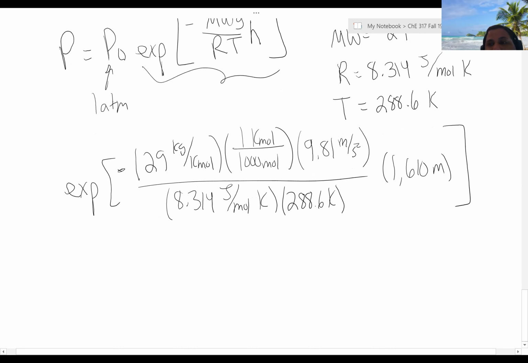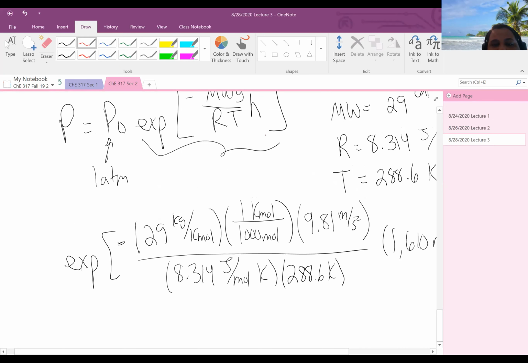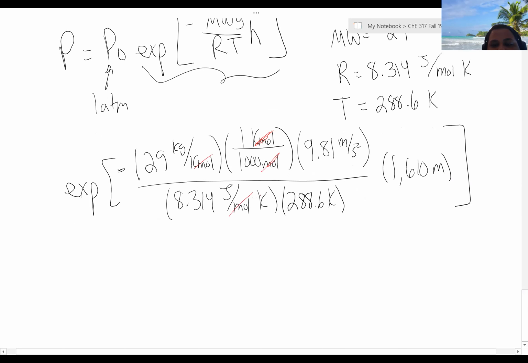And so if you want, you can do a unit check. Kilomoles goes away, moles goes away, Kelvin goes away. And a joule should be approximately kilograms meters squared per second squared. So that all cancels.